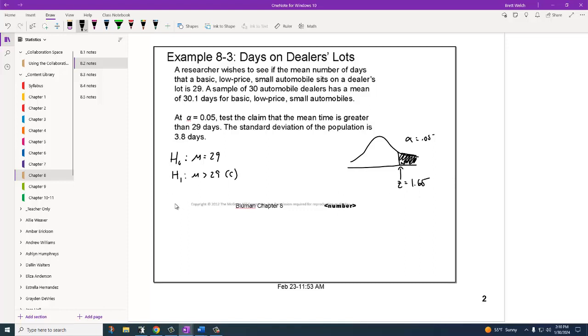The next thing I need to do is calculate my test statistic. So for this sample, in the earlier equation, it was x bar, the sample mean, which is 30.1, minus the population mean, or the expected mean, which is 29, and divide that by the standard deviation of 3.8 divided by the square root of the sample size, which was 30 automobile dealers.